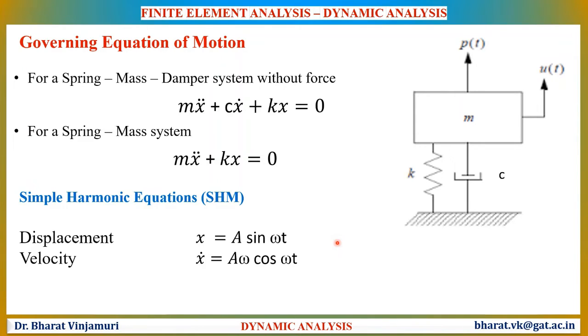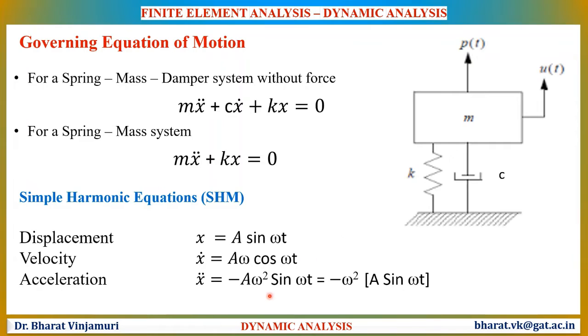Further differentiating the velocity, we'll get acceleration. The acceleration x double dot will be equal to minus a omega square sin omega t. In this case, the term a sin omega t once again represents the displacement. Thus, x double dot is given by minus omega square x.